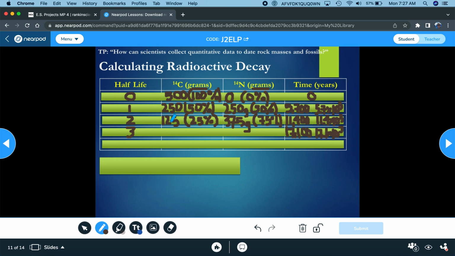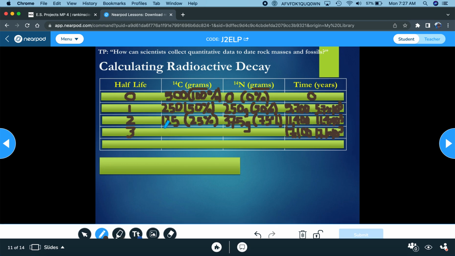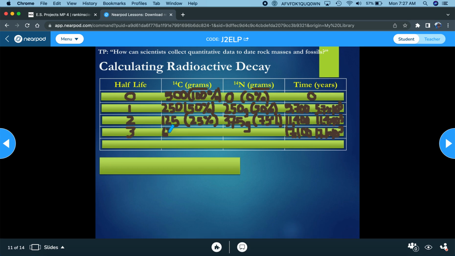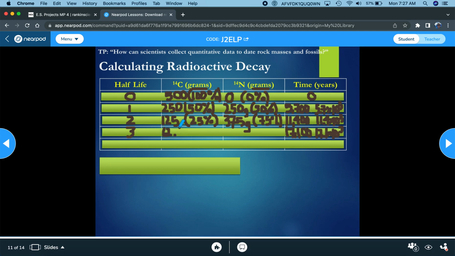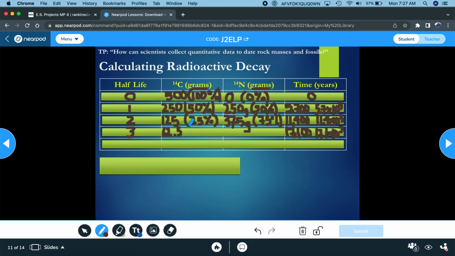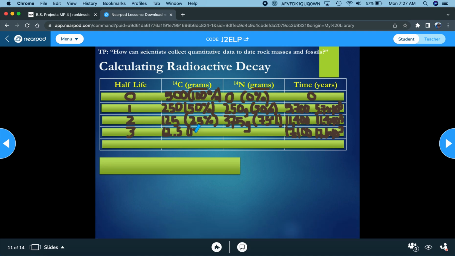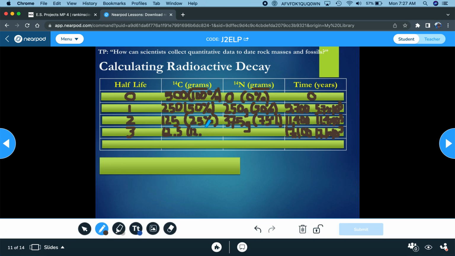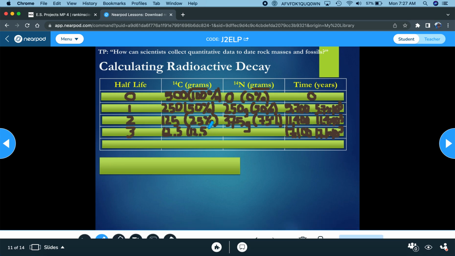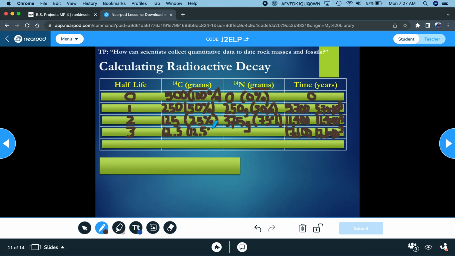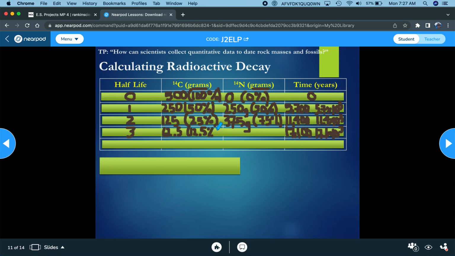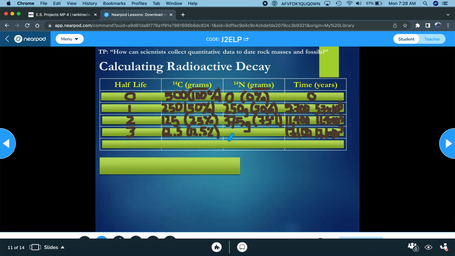Now we have 125. So you do 125 divided by 2, you take half of that amount, which will give you 62.5. Half of 25% is 12.5. I'm trying to give you the idea of percent and mass left over.